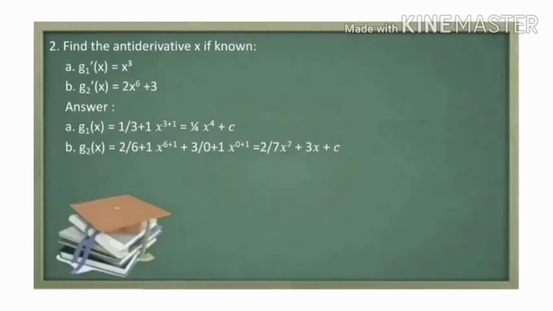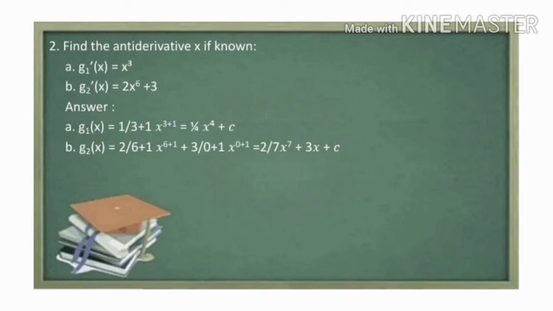Number 2. Find the antiderivative if known. A. G1'(x) equals x cubed. B. G2'(x) equals 2x^6 plus 3. Answer. A. G1(x) equals 1 over 3 plus 1 times x^(3+1) equals 1/4 x^4 plus c.